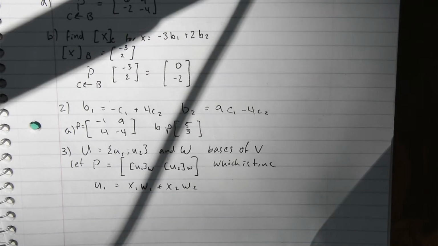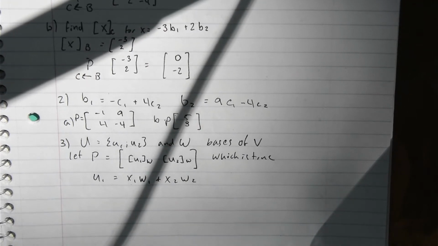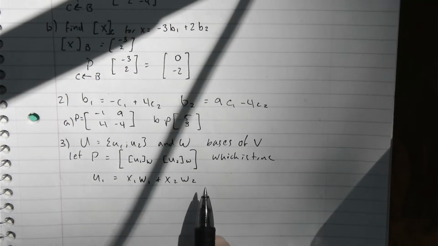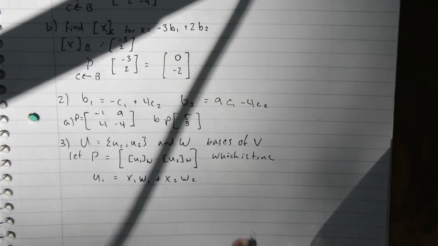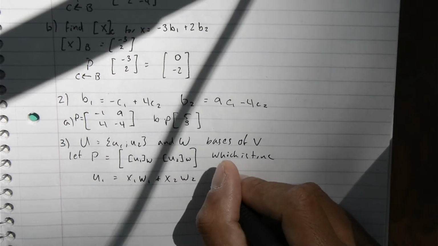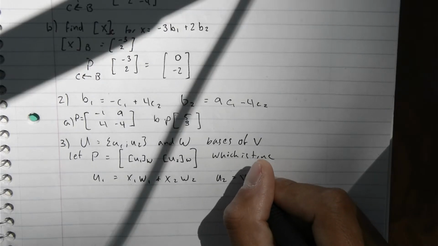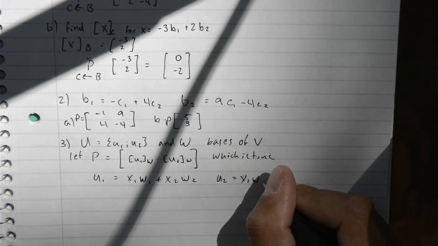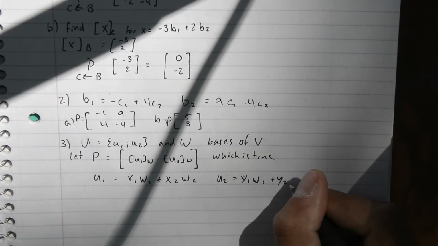So then what you're given is that, same for U2 is equal to y1 w1 plus y2 w2.